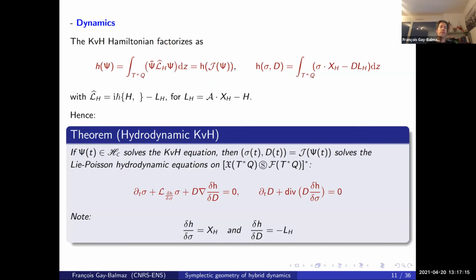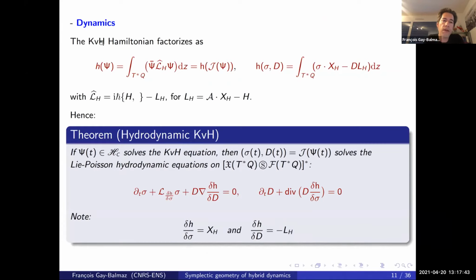Now for the dynamics. So remember that our KVH equation for classical mechanics is Hamiltonian with respect to this Hamiltonian here, where in the middle you have the pre-quantum operator. And from the previous slide, you remember that we have to check if this Hamiltonian factorizes through this momentum map. So this is the case, right?